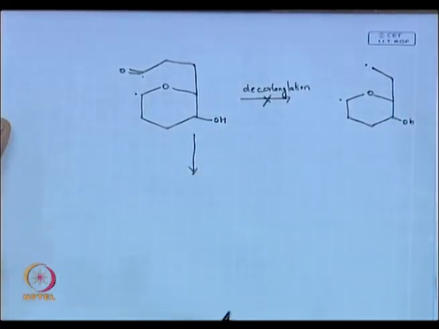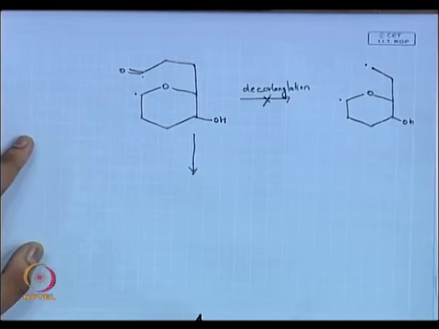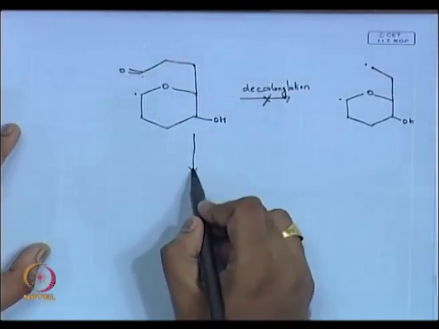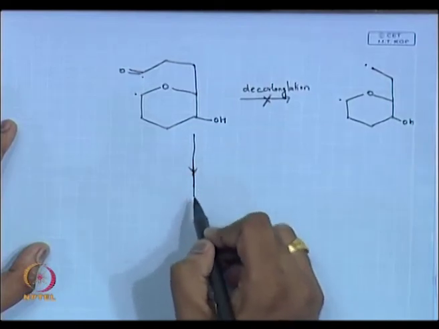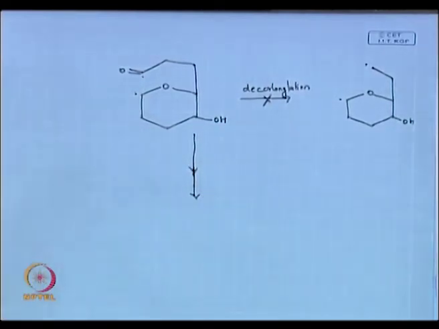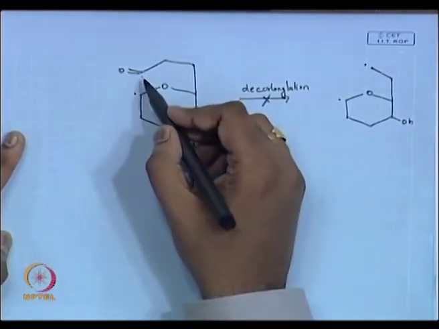Then we can talk about a sort of intramolecular hydrogen abstraction process. So we said that we can think about two products in intramolecular hydrogen abstraction: one, an acyl radical taking up a hydrogen, or your alkyl radical taking a hydrogen. If I think about an acyl radical taking a hydrogen, what should I get?